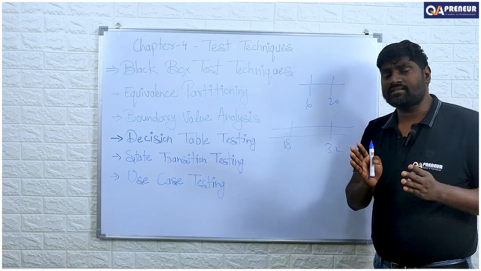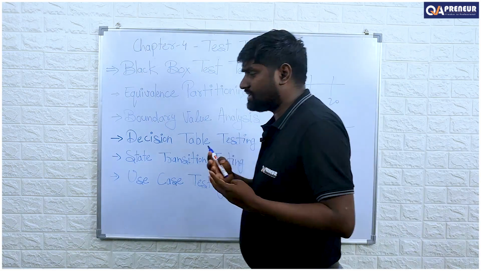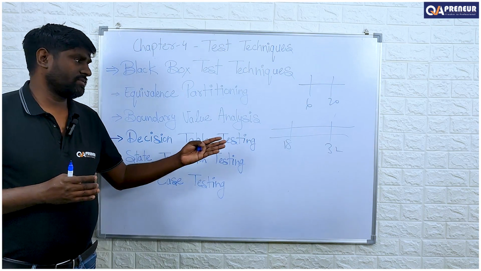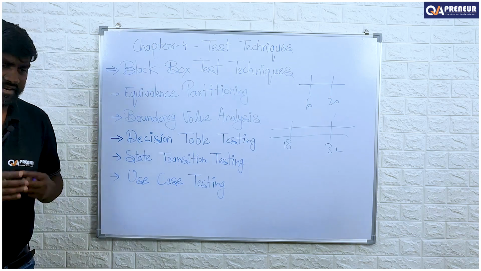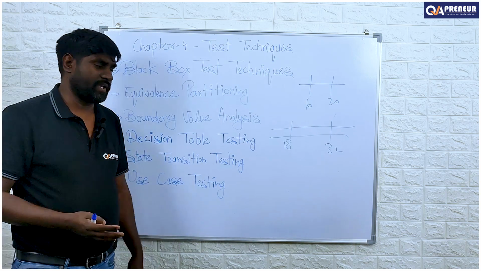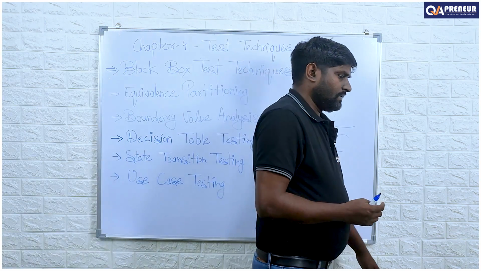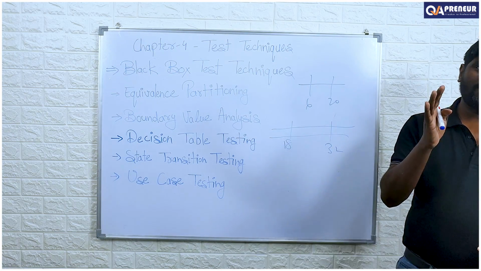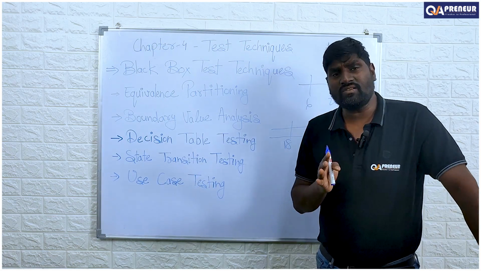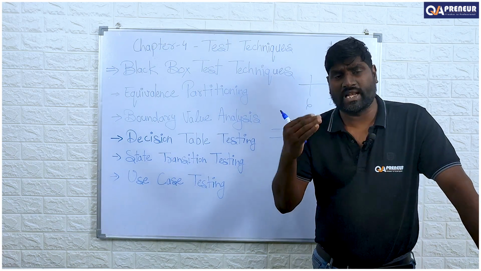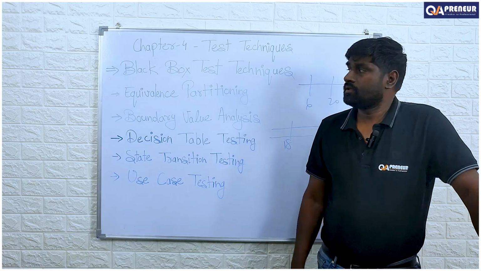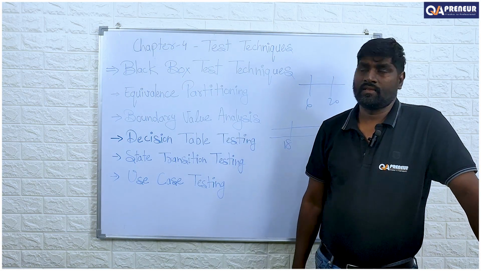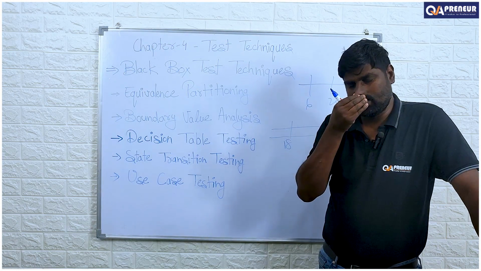And as we have studied in the principles of testing video, it's very difficult to test any functionality with all sets of input. So to get rid of that, what is the approach to select the test cases? These are the test techniques for black box.